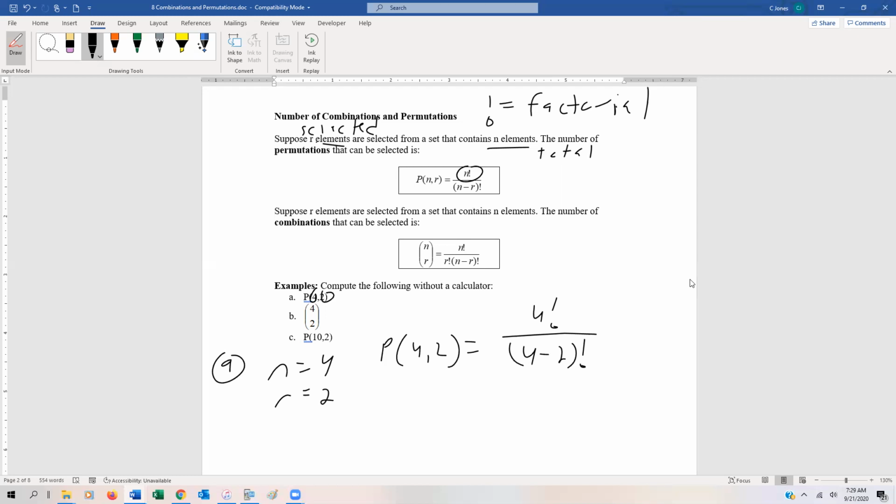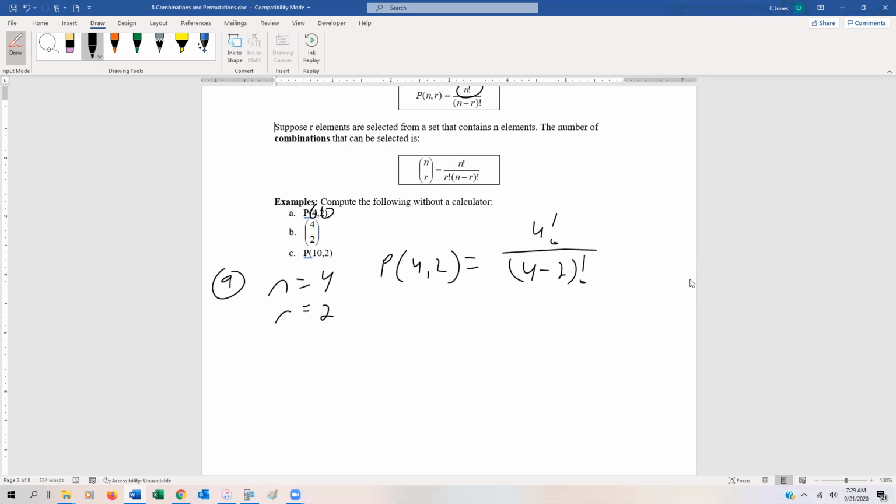Now, when you're computing these, I do see students sometimes trying to distribute the factorial. That's not legal. Remember, your order of operations says that you have to do what's in the parentheses first to evaluate the expression. And so this is going to be equal to 4 factorial divided by 2 factorial.